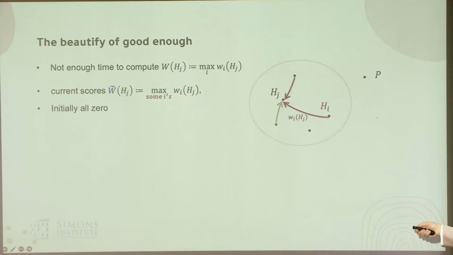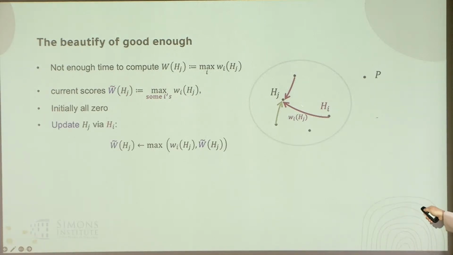Initially, in our algorithm, all these scores start at 0, and then updates happen. What does it mean? We add one edge to this set and take the maximum of this edge and whatever we know from before, and just increase the current score, which we denote by W tilde.